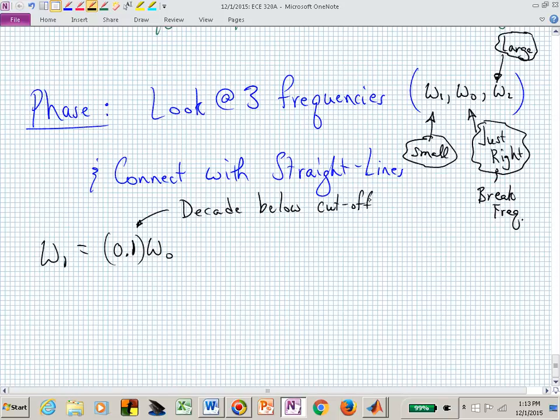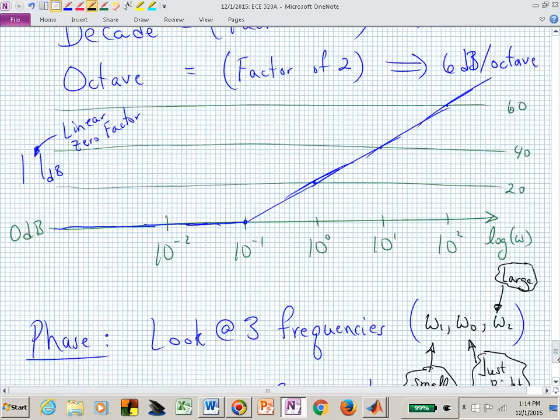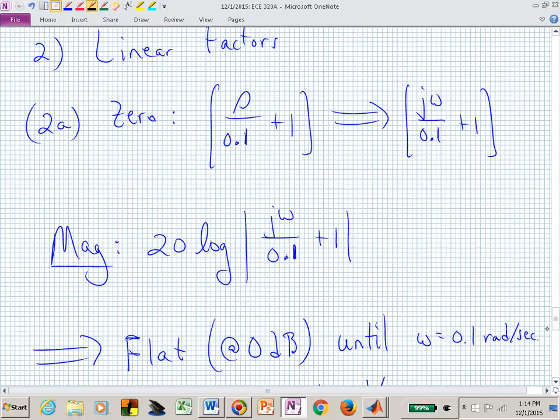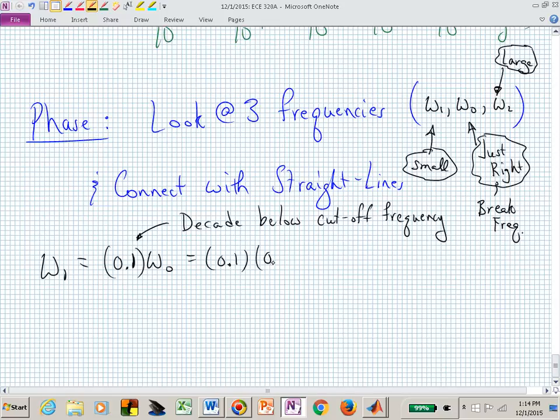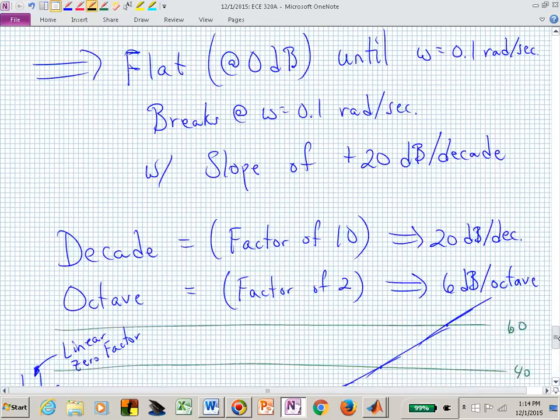Or I can change the wording and say the cutoff frequency. For this particular factor, maybe it was not properly selected, but what was the break frequency of this zero factor? It was 0.1. We're saying then we want to know what's the angle of this factor.